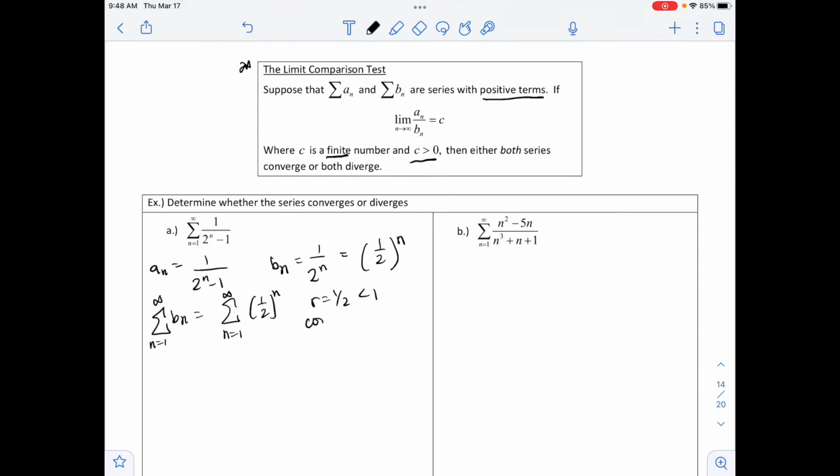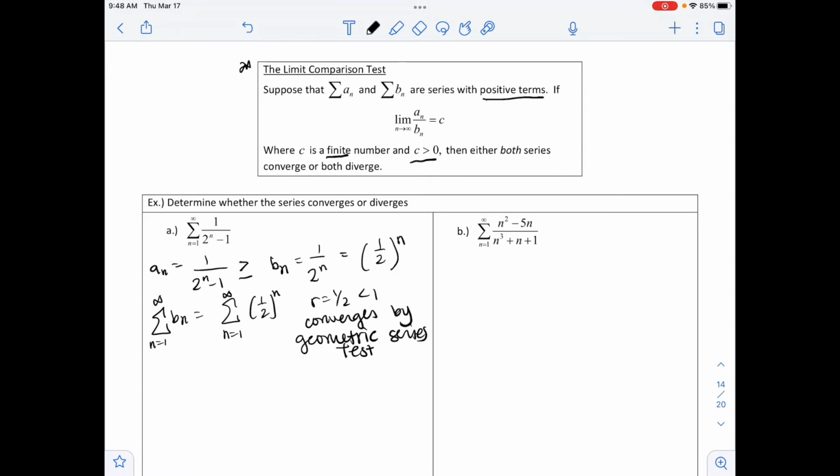So that means this is going to converge by the geometric series test. And comparing my a sub n to my b sub n, since we were subtracting 1 from the denominator, a sub n is going to be greater than or equal to b sub n.